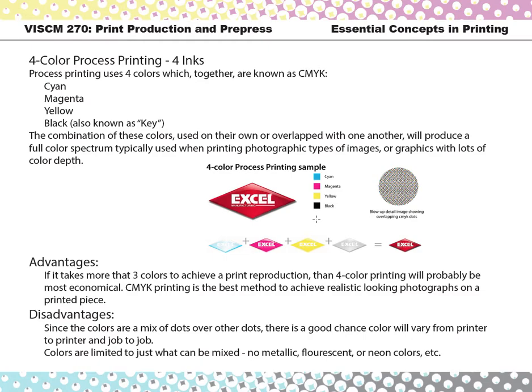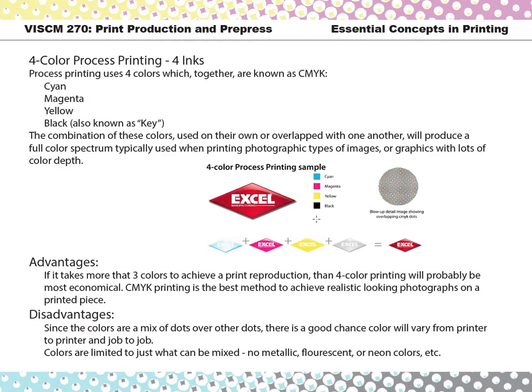With spot color, if you were to use 4 inks, you'd be limited to what you could print. You wouldn't be able to reproduce a photograph, so to speak. So it's advantageous to use CMYK if you're doing any just general full color work.